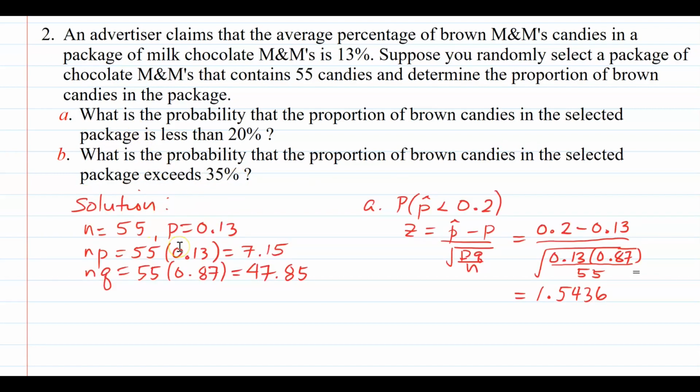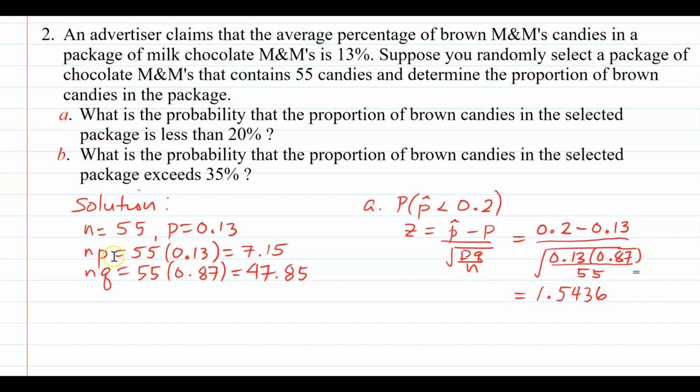First thing that we need to do is to determine whether normal approximation is appropriate to answer the probability question. There are 55 candies in each package, so n is 55, and our p is 0.13 because the brown M&Ms is 13%. And this implies that our q is 1 minus 0.13, so q is 0.87.